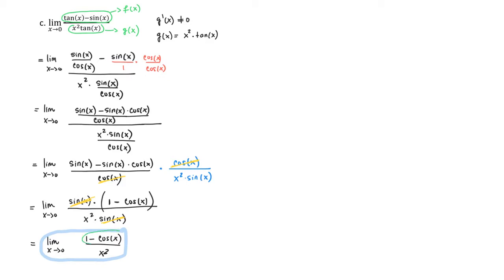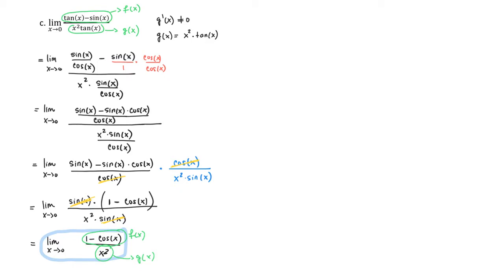So then again, the numerator plays the role of f of x. The denominator is my g of x. And then notice that both f and g are perfectly differentiable around 0. And I want you to notice that now our denominator is considerably simpler than what we had at the very beginning.